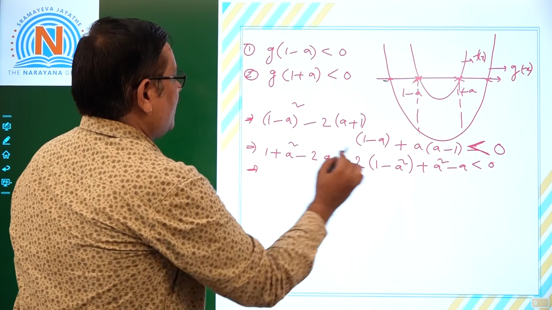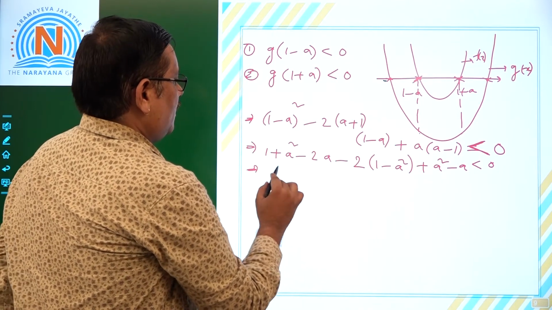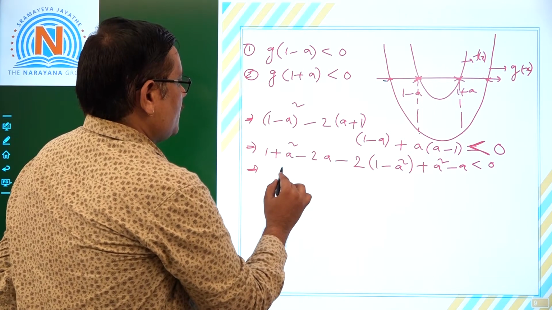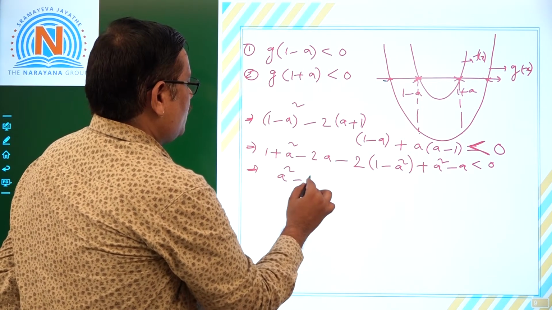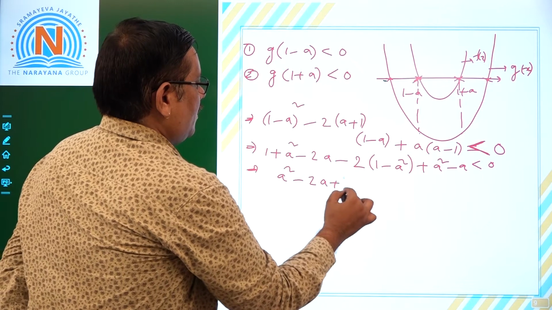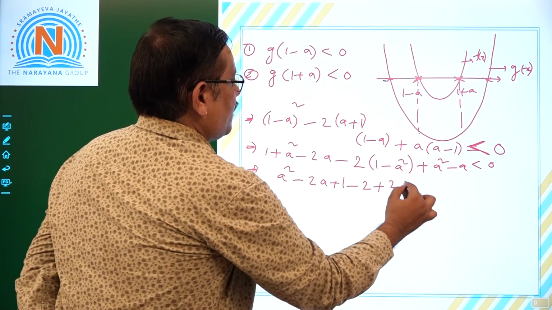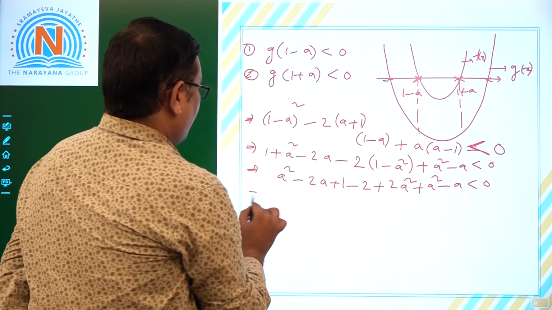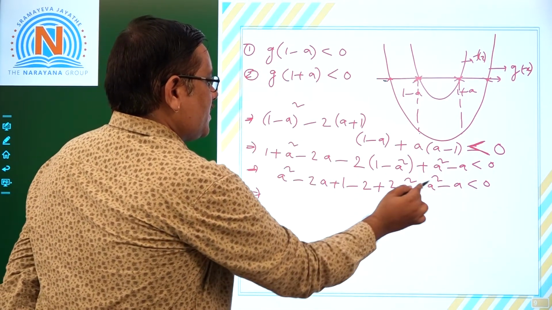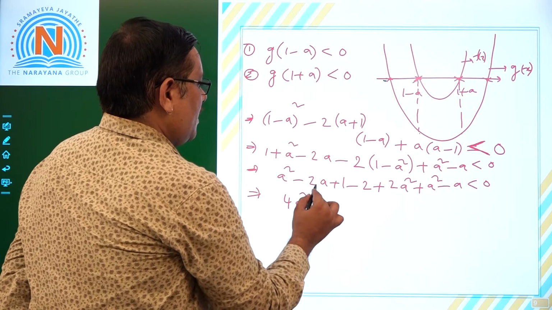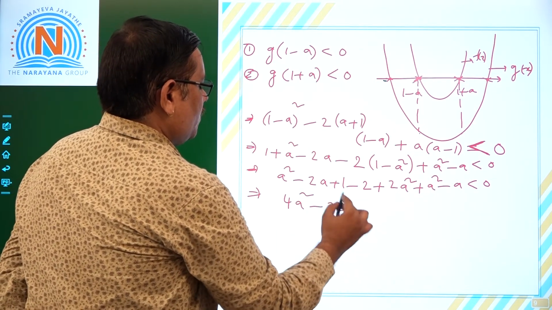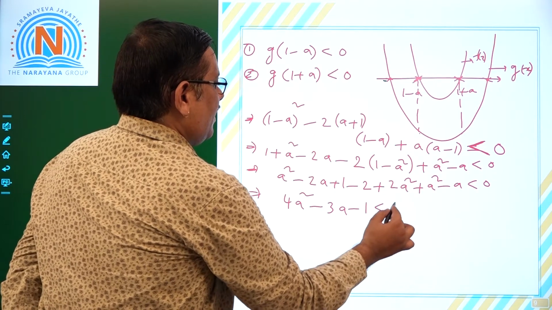If you simplify further: a square, 2a square, 3a square plus a square, that is 4a square; minus 2a minus a, that is minus 3a; 1 minus 2, that is minus 1, less than 0.